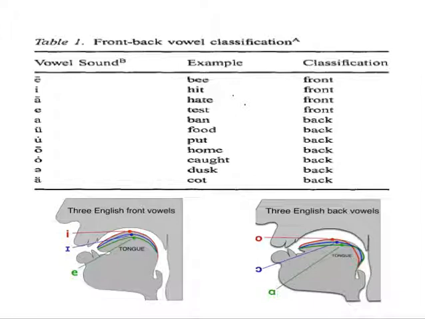Hate, hat, hate, hat. Notice something's moving. The A sound in hate is at the front of the mouth. If you say the word hat, as in ban, it's further back in the mouth. So that's the distinction we're making between front and back vowels.